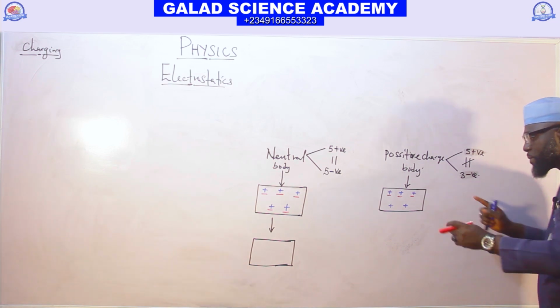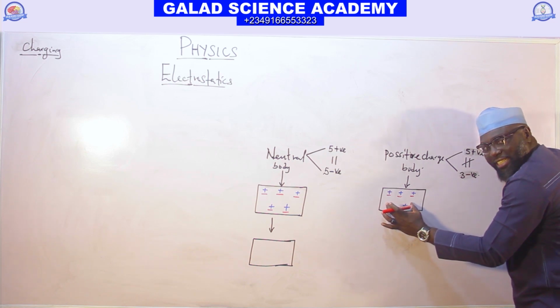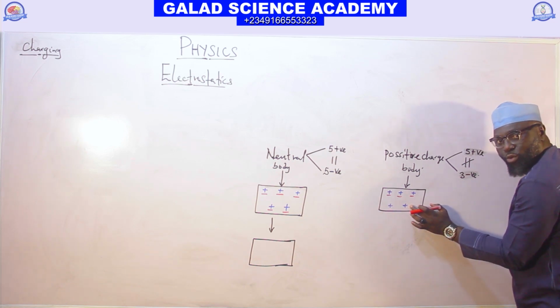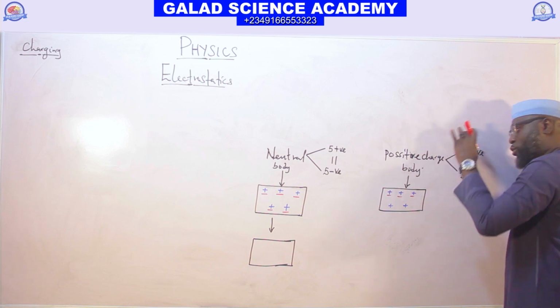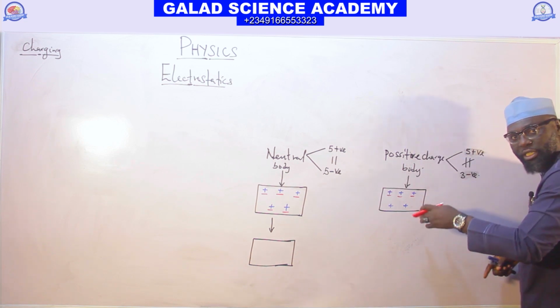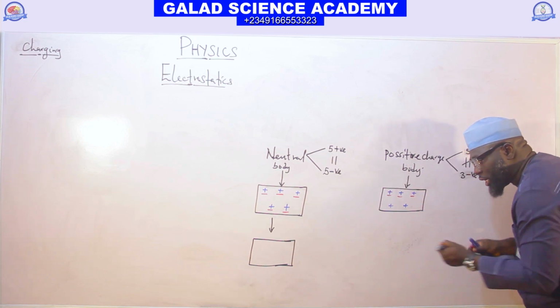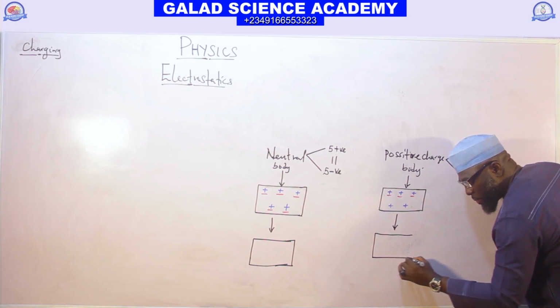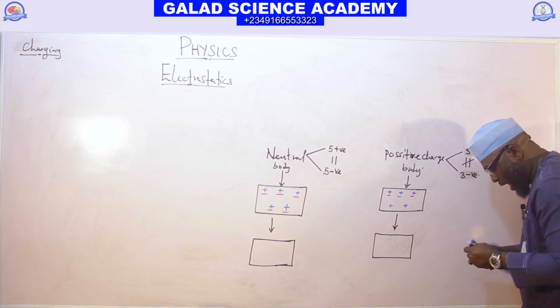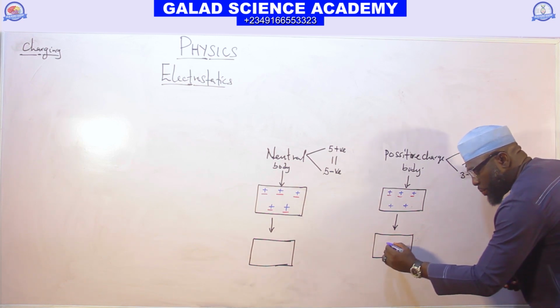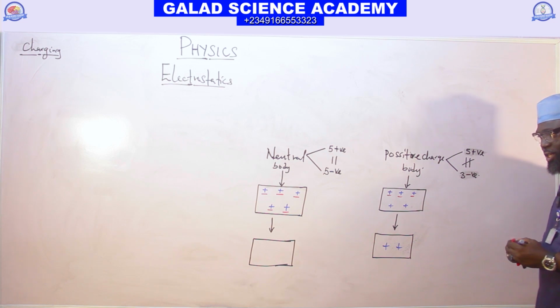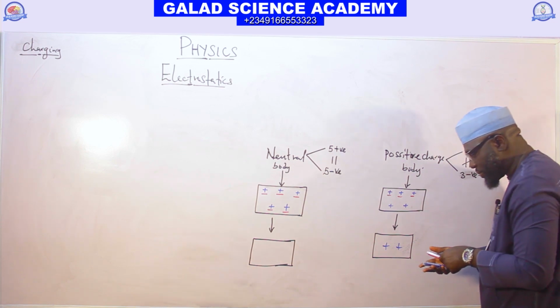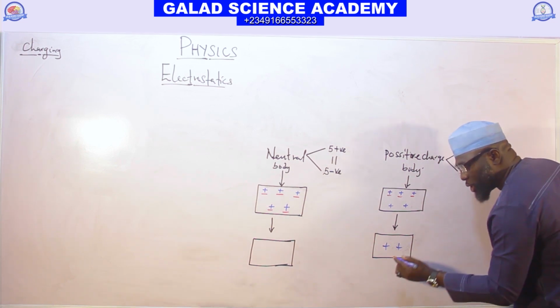As a result, the positive is in excess by 2. So this body, we call it a positively charged body. If we want to draw this body now, I will draw it in this form. I will now put positive charge.